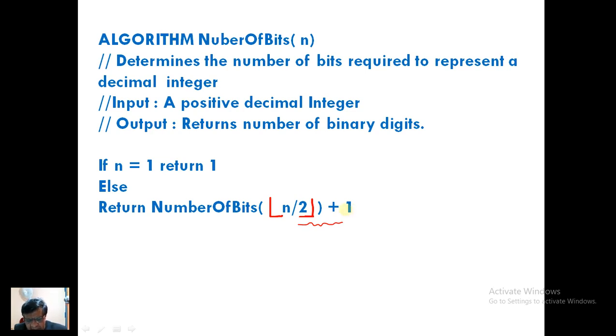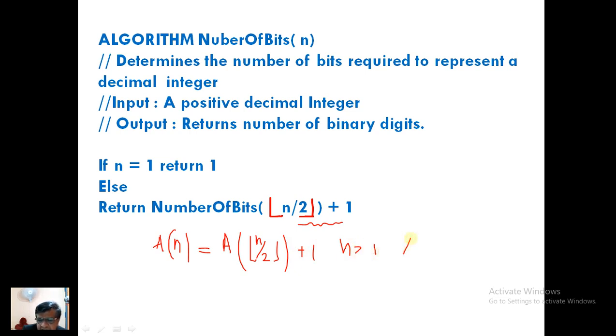Addition is the basic operation over here, and therefore we will develop a recurrence relation. The number of additions required in order to find the number of bits to represent a decimal number n equals the number of additions required in order to find the number of bits for floor of n by 2, plus 1, for n greater than 1, of course.